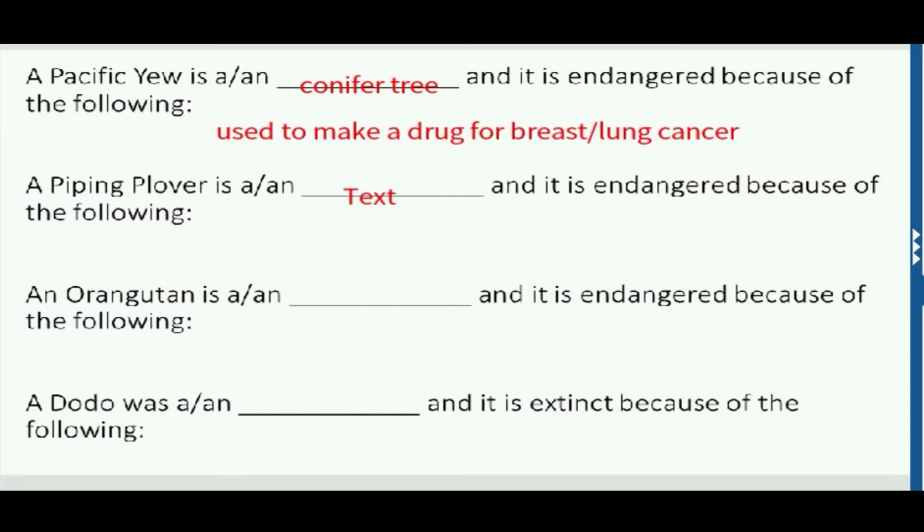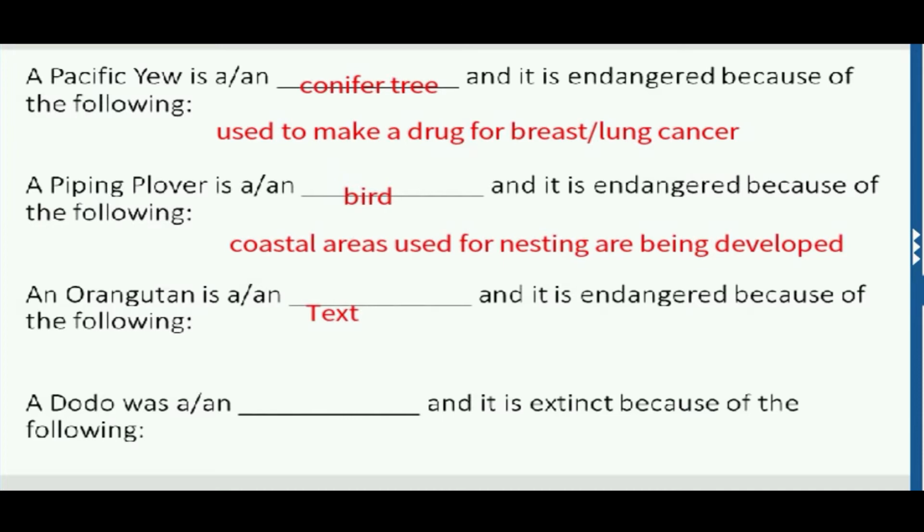A piping plover is a bird, and it is endangered because coastal areas used for nesting are being developed by humans, but I'm not going to type the humans part.